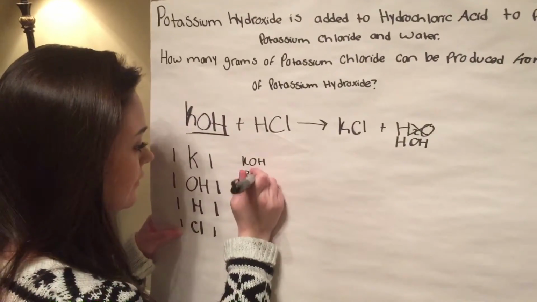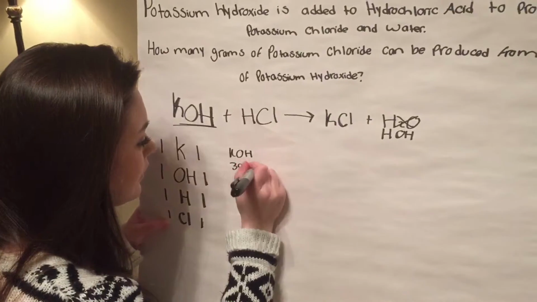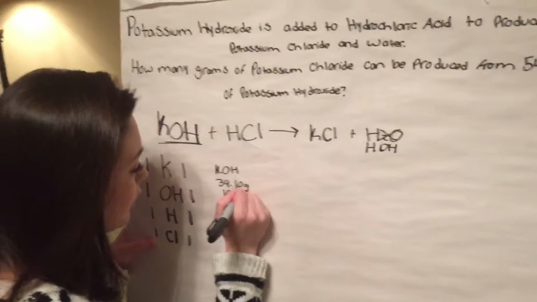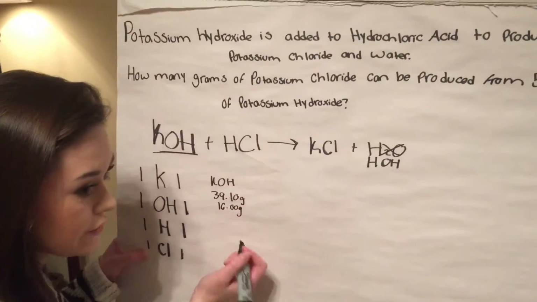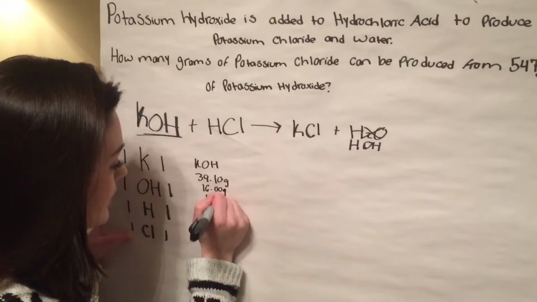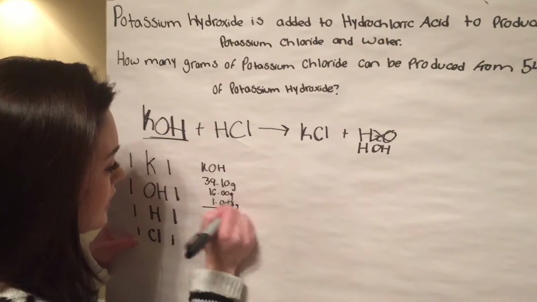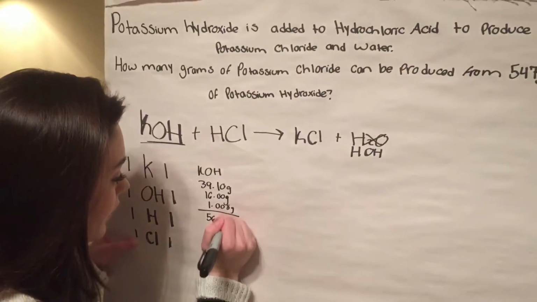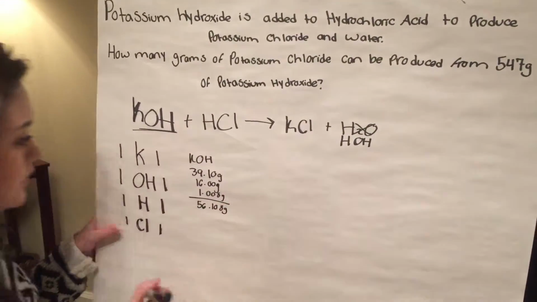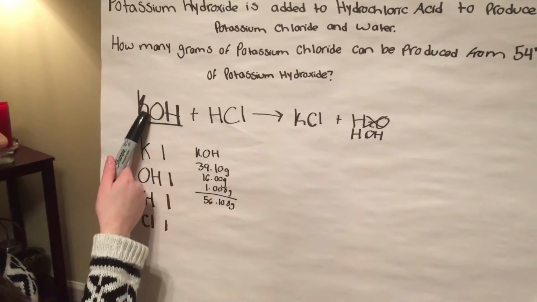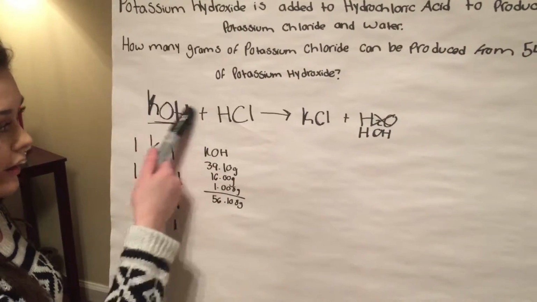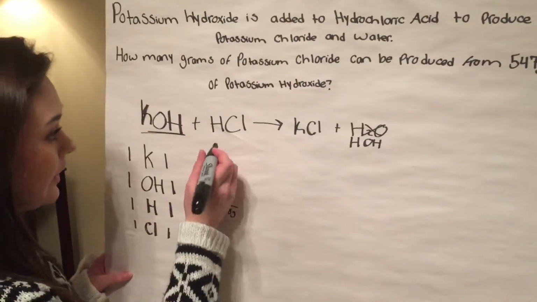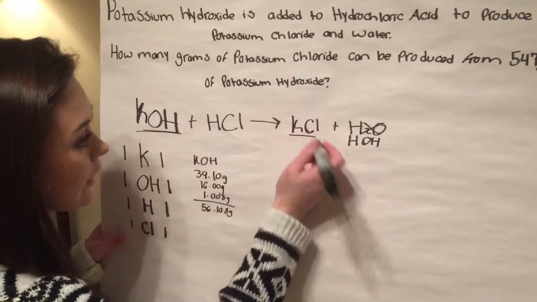Potassium is 39.10 grams, oxygen is 16.0 grams, and hydrogen is 1.008 grams. If we add that together, you should get 56.108 grams. That is what we call your molar mass, which is the total combined mass of every atom in your molecule.